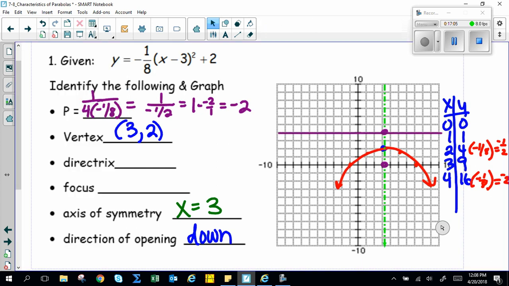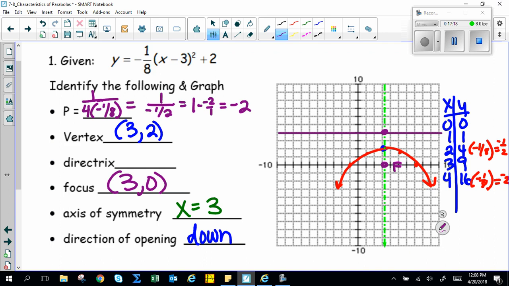There we go. And so now I can write the coordinate. So the coordinate of my focal point here is, let's see, here's 0, 0, so it's just 1, 2, 3, 0. And the directrix, here's 0, 0, positive 1, positive 2, positive 3, positive 4. Y equals positive 4.